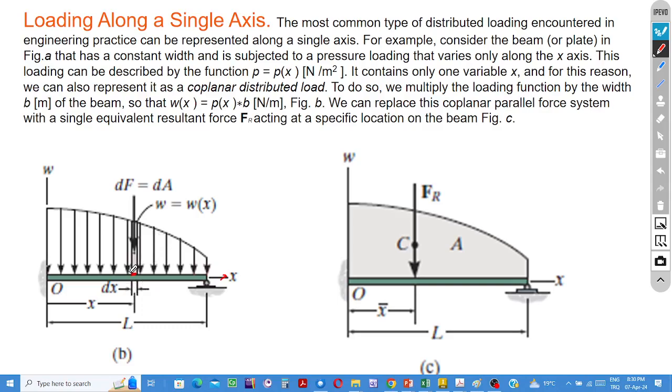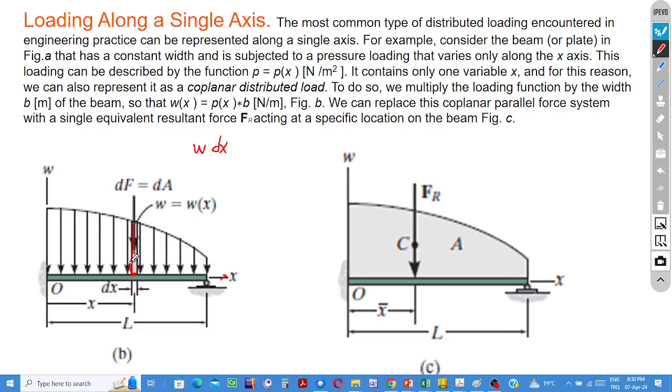If we multiply the width of this segment by the value of the load at that place, since it is infinitesimally small, practically we can say at this point, if you multiply the load function by the width of the segment, it is going to be the magnitude of the corresponding force.